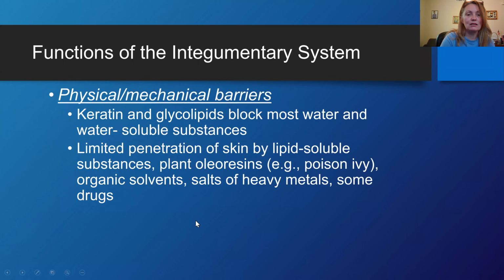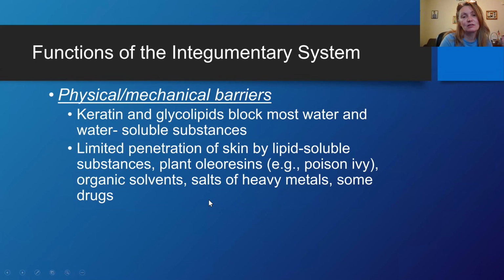And your skin limits penetration. You have limited penetration of the skin by lipid-soluble substances, plant resins like poison ivy, organic solvents, salts or heavy metals, and some drugs. Even though these lipid-soluble substances penetrate your skin more easily, it still protects you from all these substances.